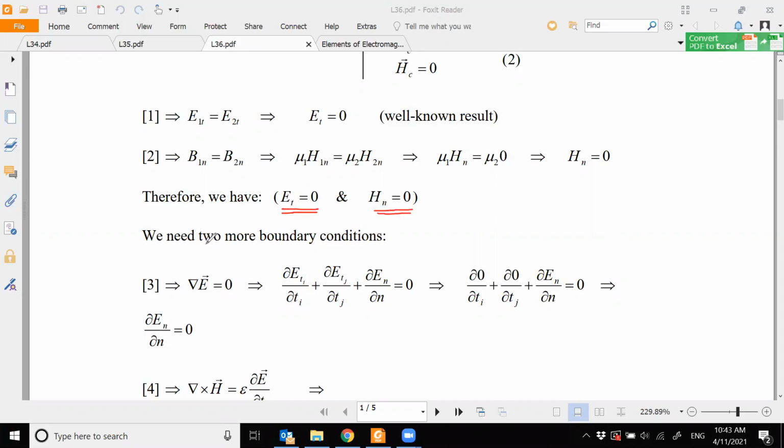We will require two more boundary conditions. Why? Because we will have 4 unknowns. You will see it later. So in order to solve for 4 unknowns, I need to have at least 4 boundary conditions. So 2 are coming from here, and 2 I need to generate as versions of these. And this is what I'm doing here.